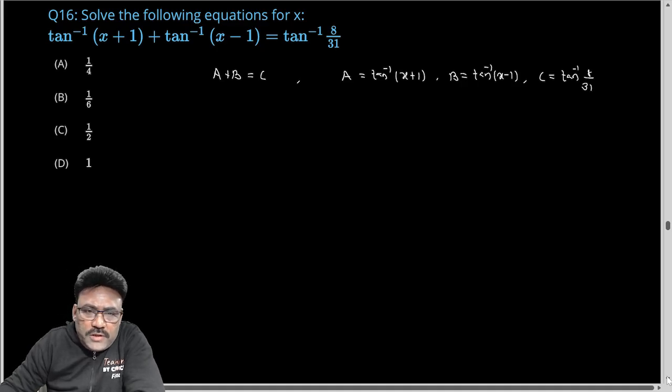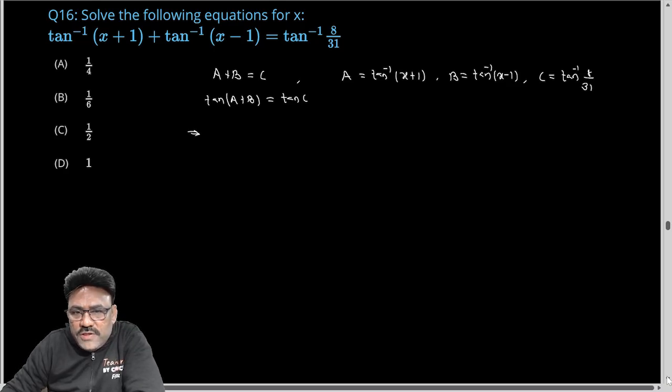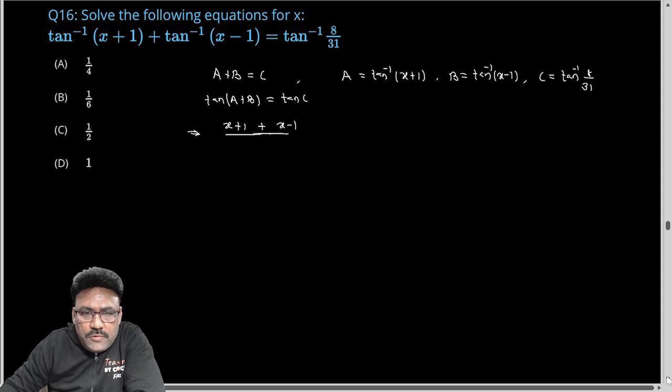Now if I operate tan on both sides, tan of A plus B is tan C. Tan of A plus B can be written as tan A plus tan B over 1 minus tan A tan B. So tan A, which is x plus 1, plus tan B, which is x minus 1, over 1 minus (x plus 1)(x minus 1), equals tan C, 8 by 31.